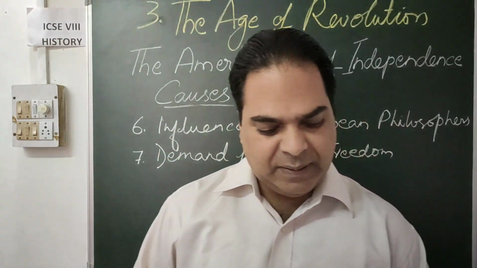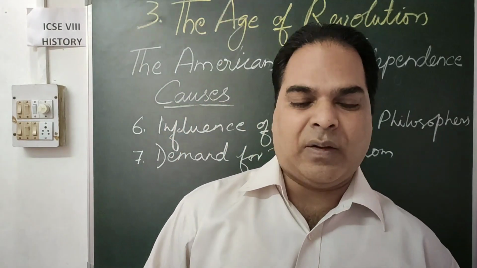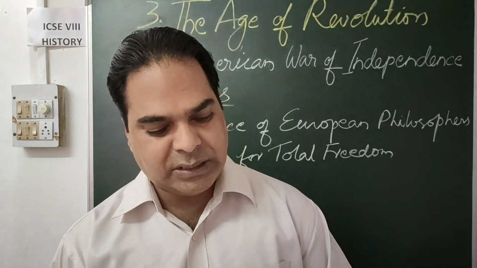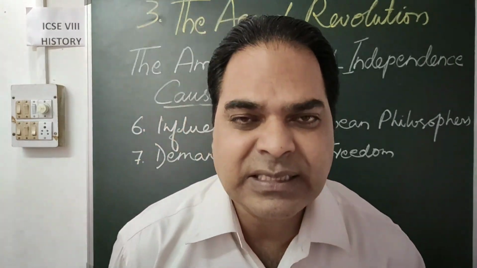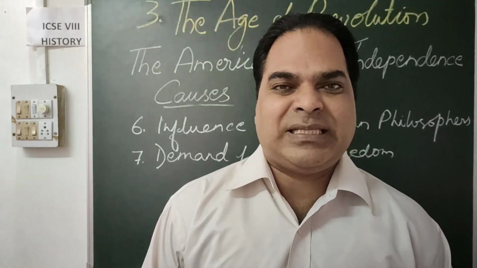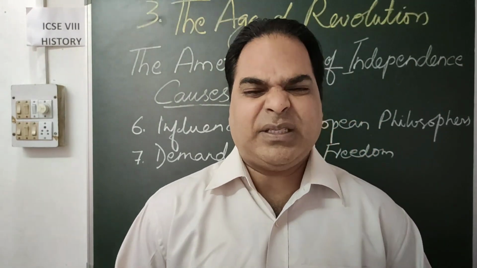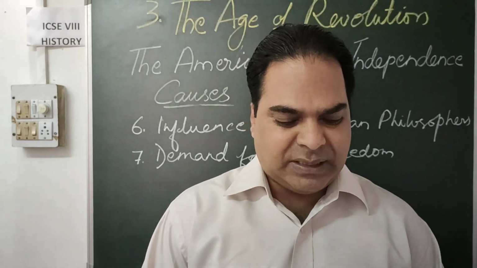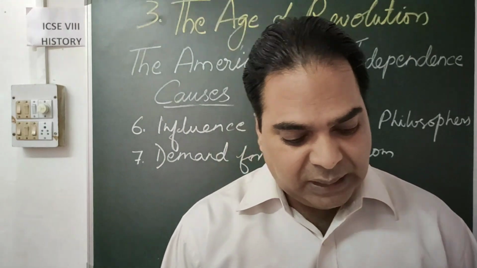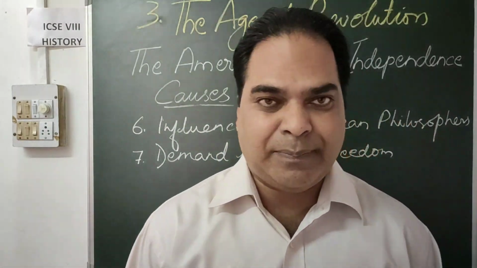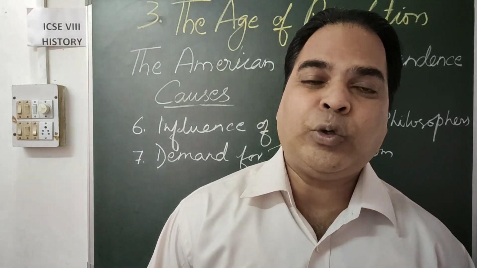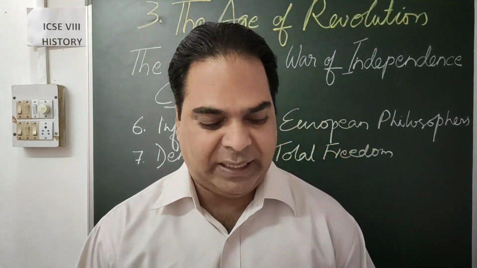It was mentioned, my dear, that the revolt known as the American War of Independence was sparked off by an incident known as the Boston Tea Party. In 1773, a group of colonists disguised themselves, meaning changing their appearance, as Red Indians and boarded the ship which was anchored at the Boston harbor, and threw 340 crates of tea into the sea.